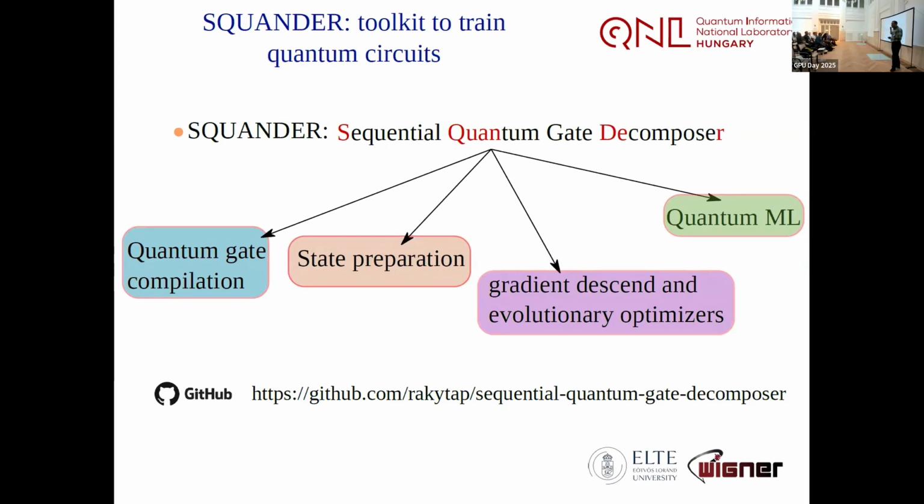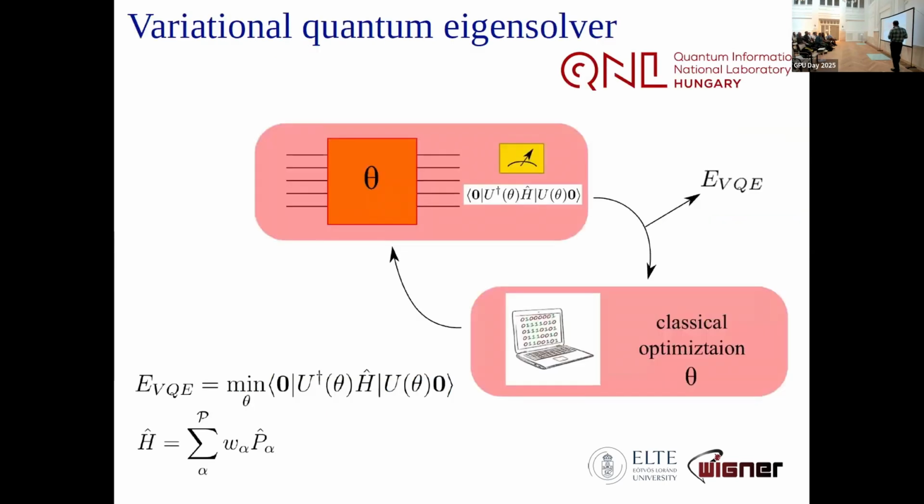Also, we have some functionalities to do quantum machine learning, and all of these capabilities are supported with classical optimization techniques, specifically tuned for quantum circuit training, you know, not having the most generic versions of these optimization techniques, but somehow adapted to the specifics of the quantum circuits. So this is what the Squander package offers.